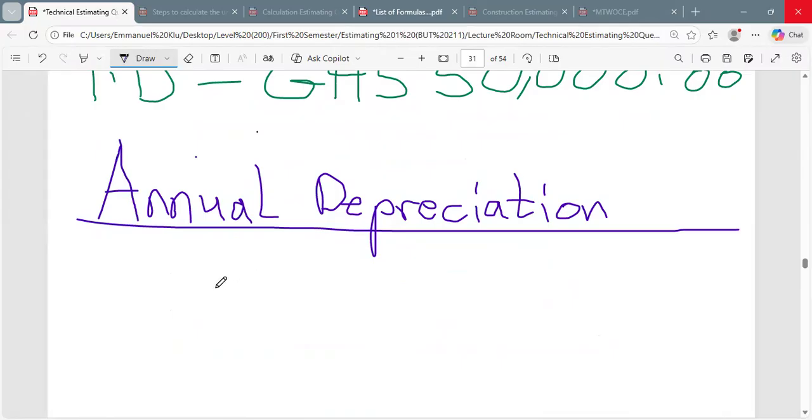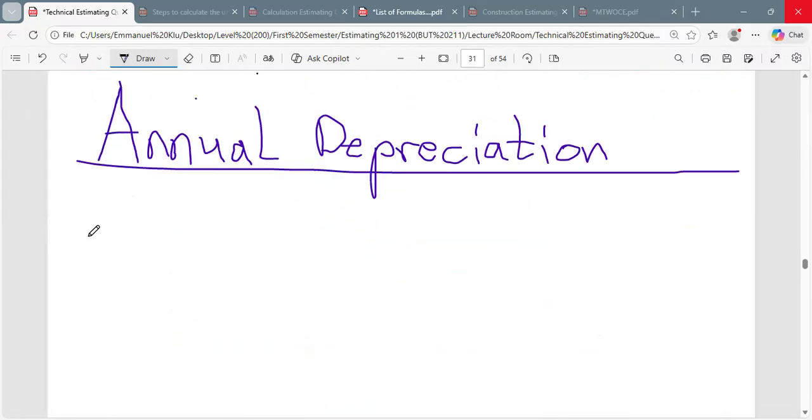So our annual depreciation, let's put down the formula.